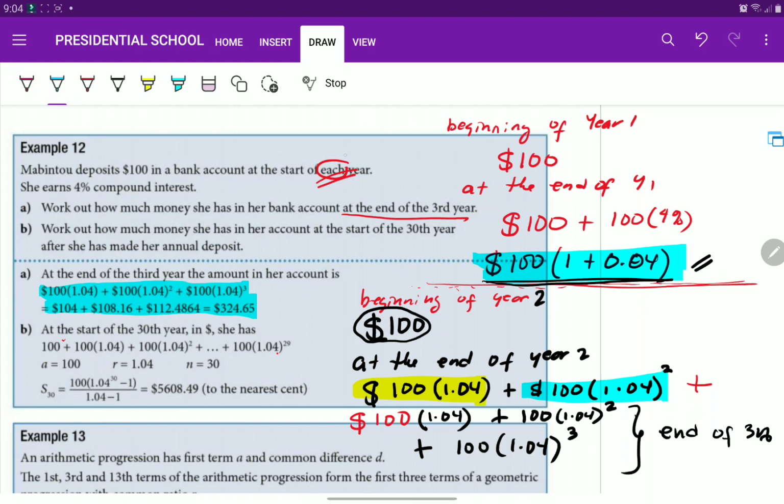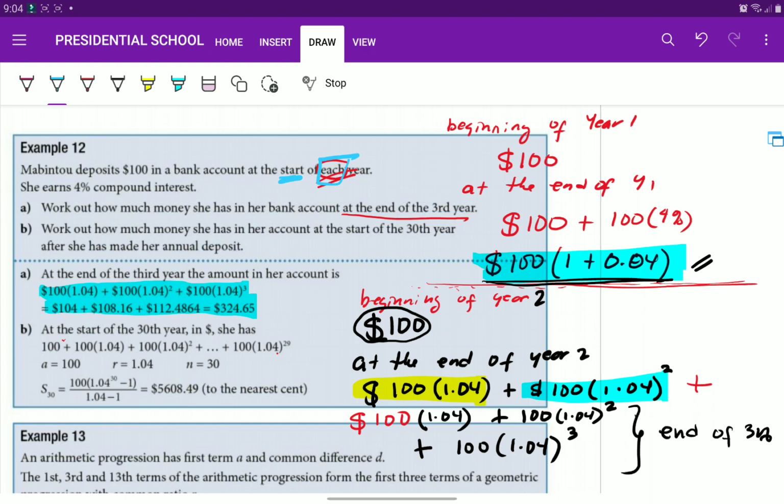Again, just for us to review it. Mabinto is depositing at the start of each year. Every year, she made a deposit of $100, and then it is compounding at 4% interest. So you need to compute year by year.